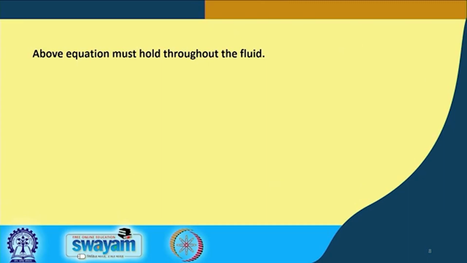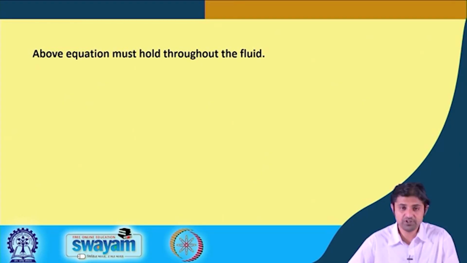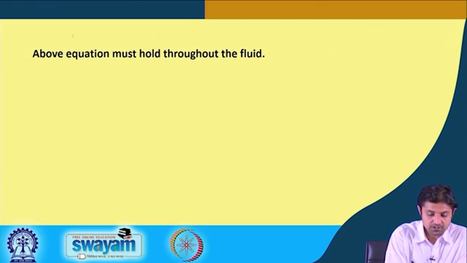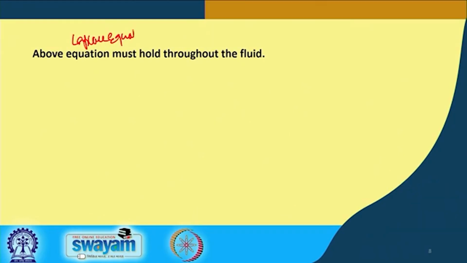So in the current analysis, what are the equations that we have devised that hold true in the fluid using the continuity equation? We have said that this Laplace equation must hold throughout the fluid.